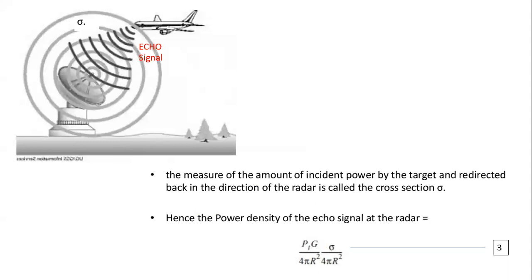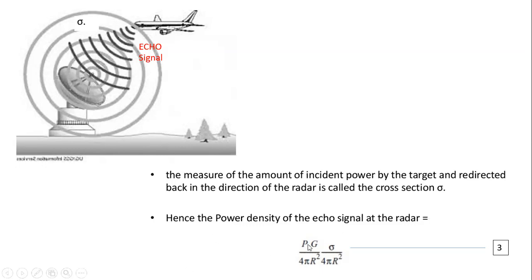Why 4 pi r square? Because it is falling in the form of a sphere. As we said, like isotropic, sent in all directions. Same way, when the signal is reflecting from the target, it is spreading in all directions, right? It doesn't know where the antenna is. It just spreads in all directions.